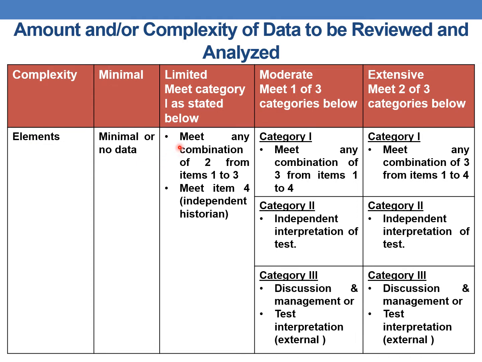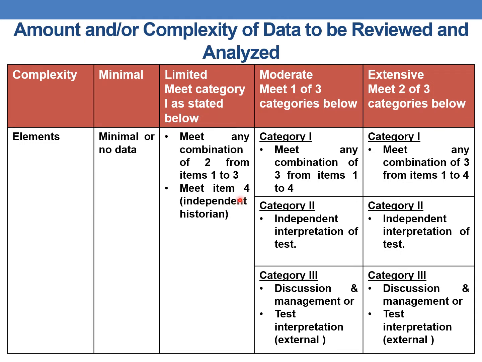Next is limited. In order to qualify as limited complexity, the data assessment should meet category 1 as stated below. It should meet any combination of 2 from items 1 to 3, or meet item 4, that is, independent historian.